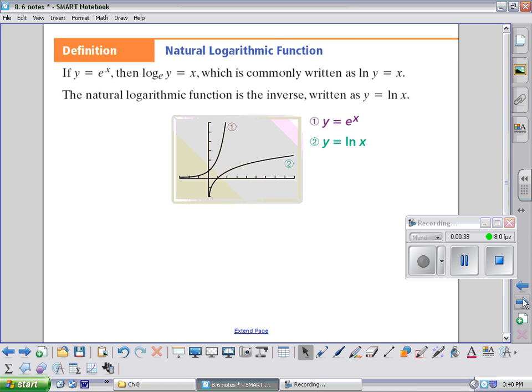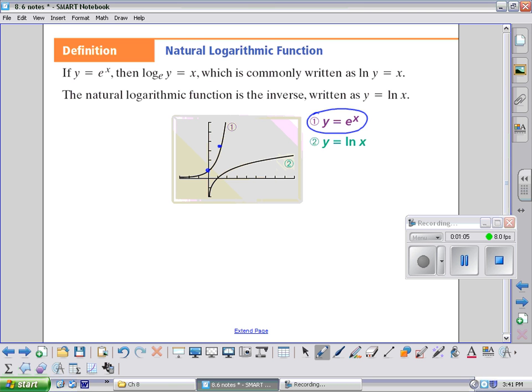In other words, if picture 1 is the exponential, y equals e to the x. If x is 0, y is 1. If x is 1, y is e, which is 2.718, and so forth. That's just a normal exponential curve.